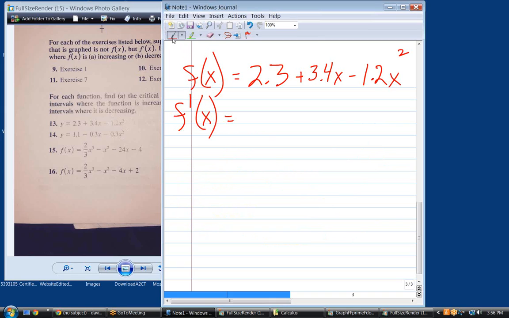When you're taking the derivative of a sum, in other words, if you have a polynomial that has 3 terms in it, you can take the derivative of each term. In other words, the sum of the derivatives is the same as the derivative of the sum. And that's true with integration or differentiation.